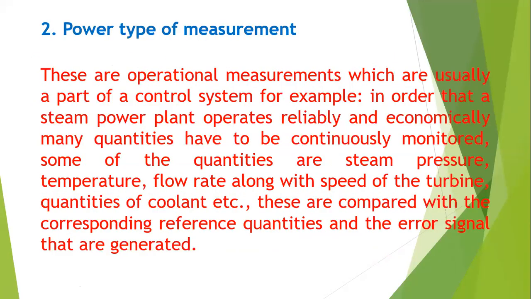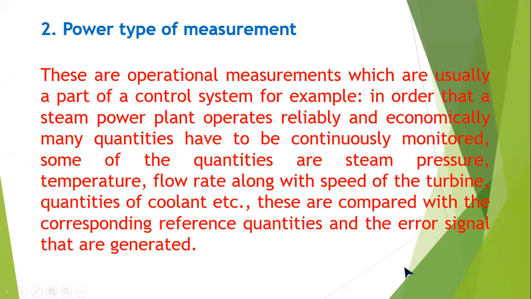In all the engineering problems, we use the experimental method of measurement. Next, come to the power type of measurement. For example, a few classes before we discussed the Raichur thermal power plant. The operator will not go to the machine for controlling the system.